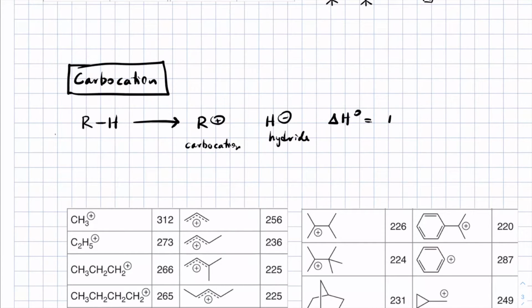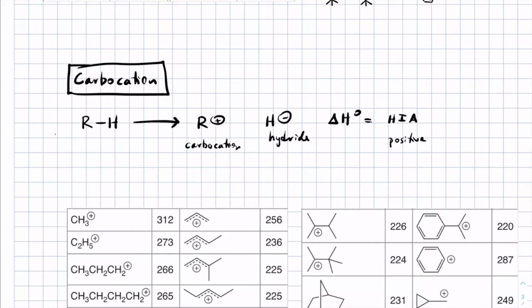And we're going to call this number hydride ion affinity, HIA. These numbers are going to be positive because the way we've written this reaction, with the hydride leaving the carbocation behind, that's uphill in energy.